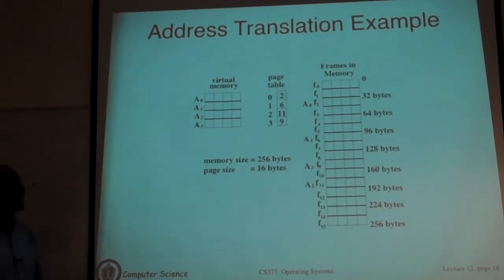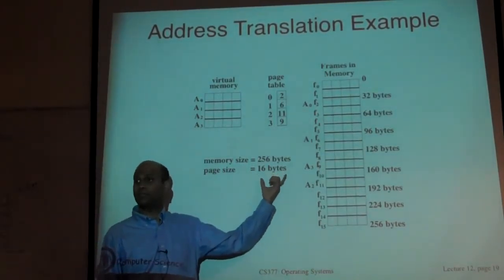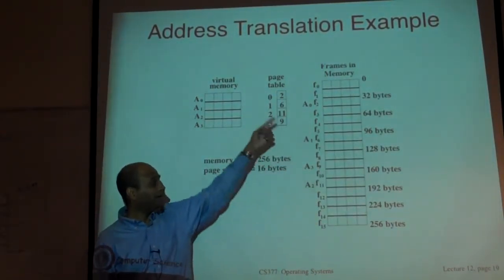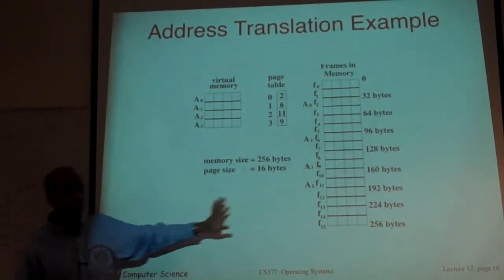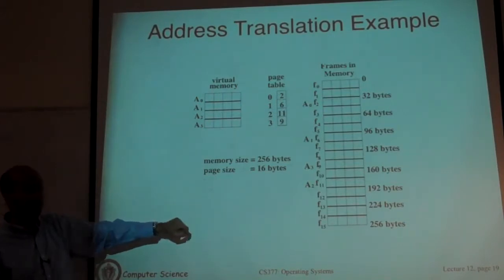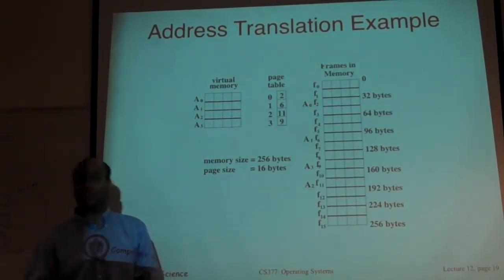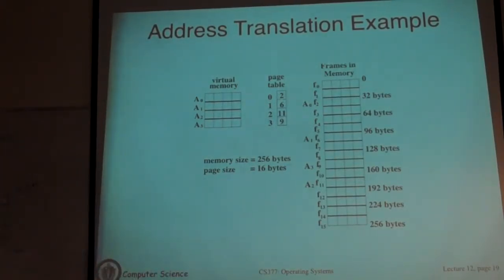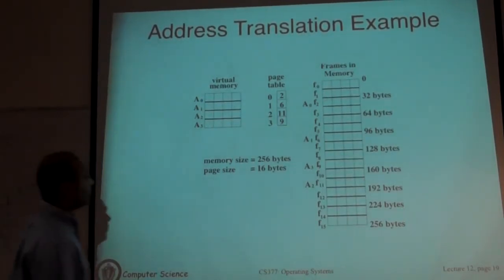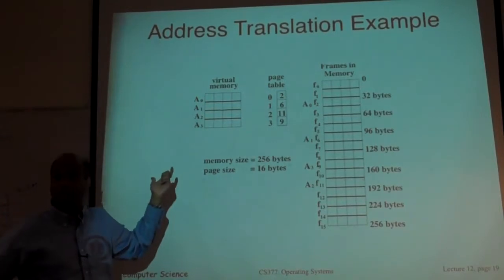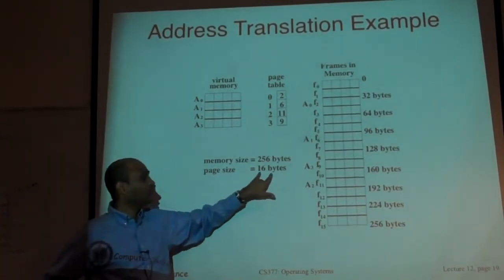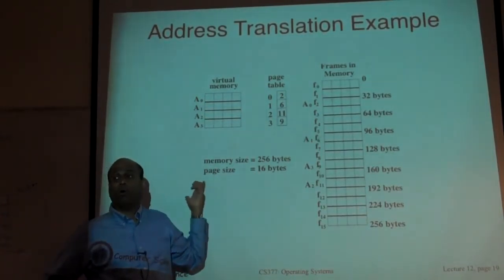Okay. So in this case, you have 16 byte pages. RAM is 256 bytes. Toy memory, not real memory. You will never have a machine that will do that. And page sizes are 16 bytes. If you want to take any logical address, all you have to do is division by 16 and mod by 16.